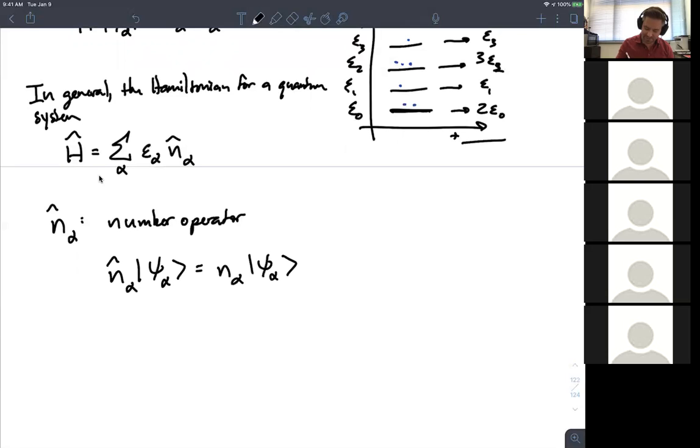In general, these psi alpha are just collections of specifying how many particles are in each state. That's all they are. It's just telling you how many particles are in each state. So each possible energy eigenvalue of your system just corresponds to different numbers of particles being distributed among your different energy states. Does that make sense?